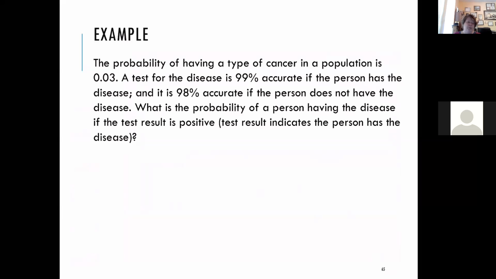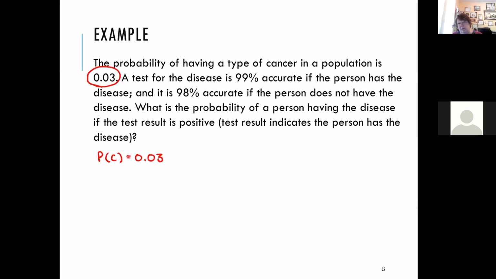So the problem states that the probability of having a type of cancer in a population is 3%. So I'm going to go ahead and write that down.